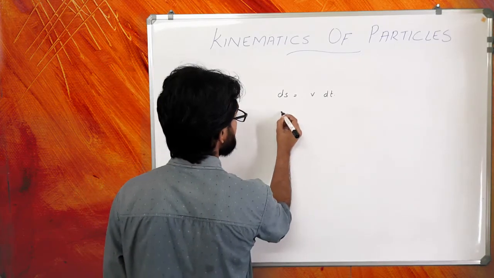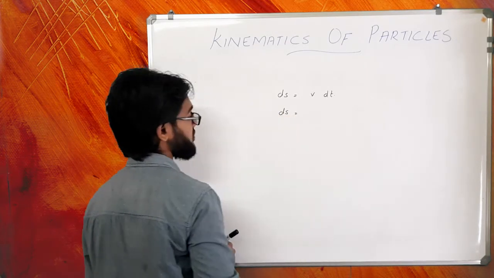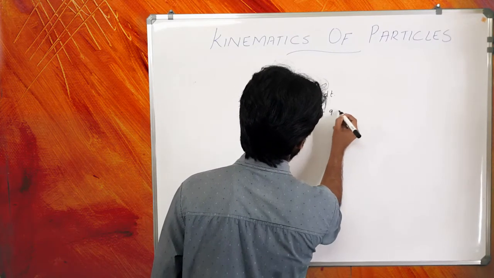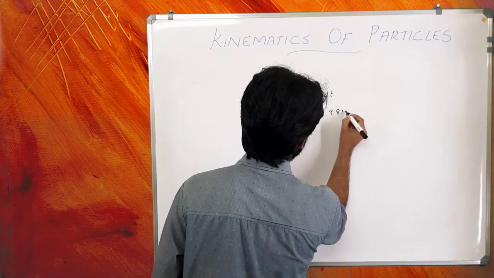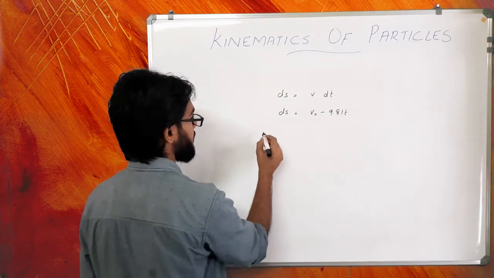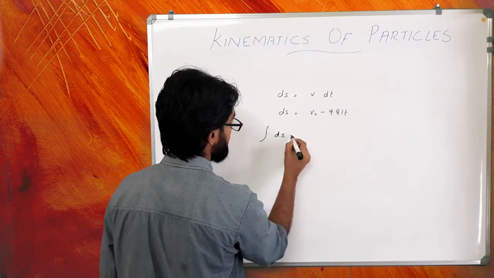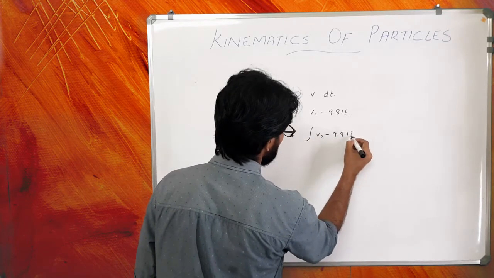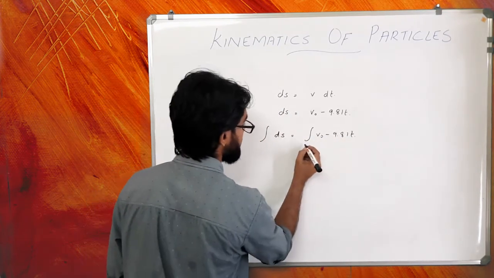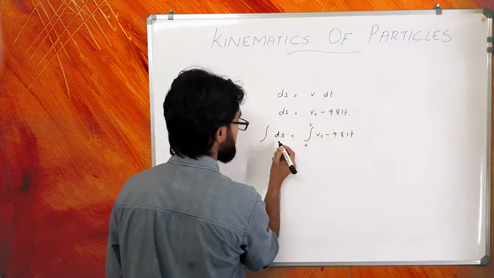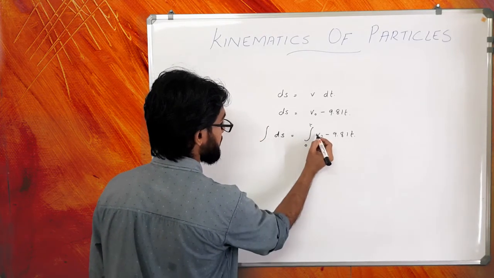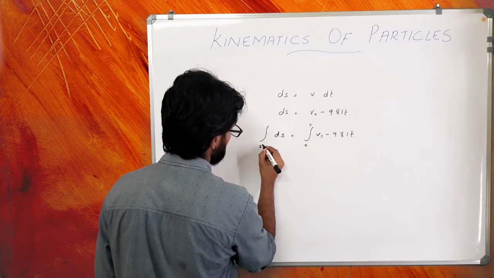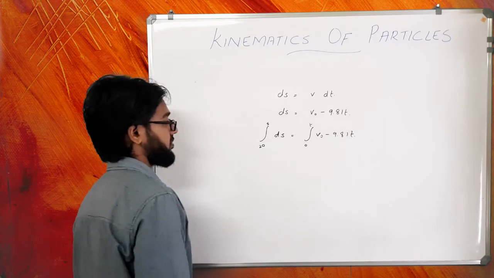So I can write it as ds equals v0 minus 9.81 into t. Now if I integrate on both sides from time 0 to t seconds, the velocity, the elevation 20 to s.